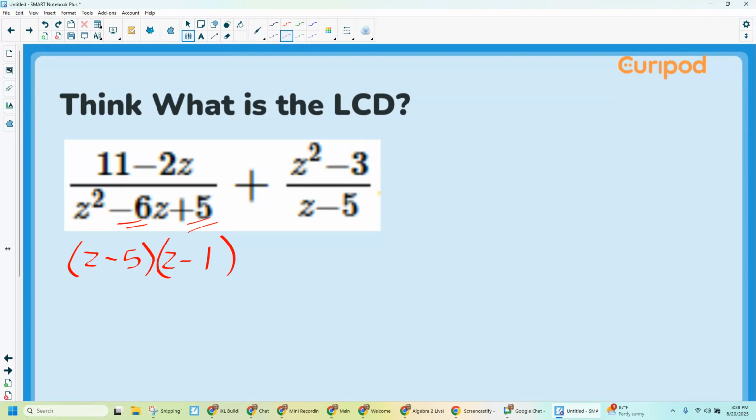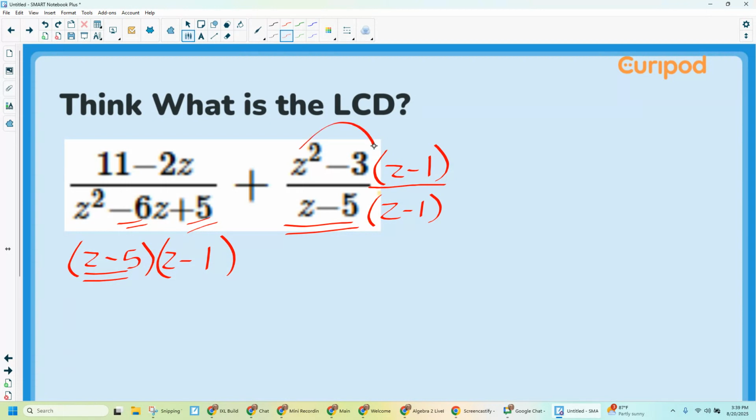So you should recognize here that you have z minus 5 on both sides, but what does one side have that the other side doesn't? This side over here does not have a z minus 1. So in order to put it over the same denominator, I have to multiply the numerator by z minus 1.